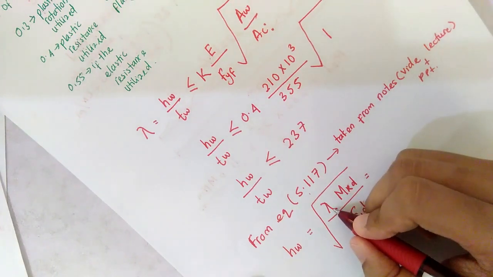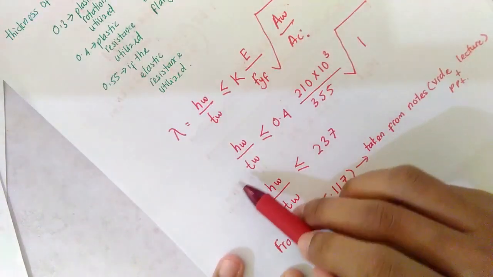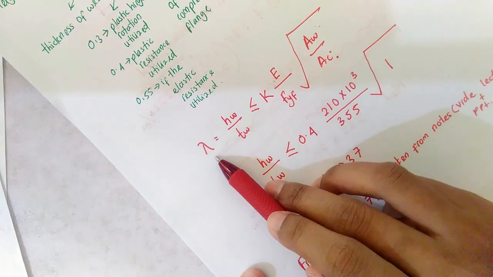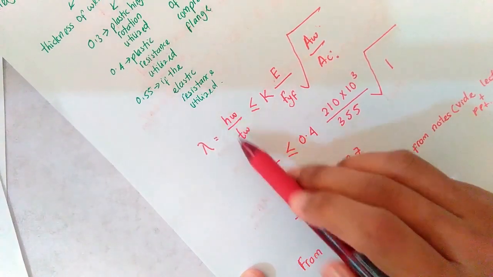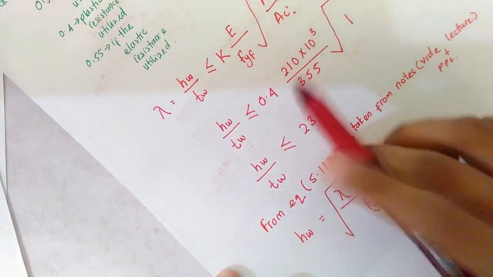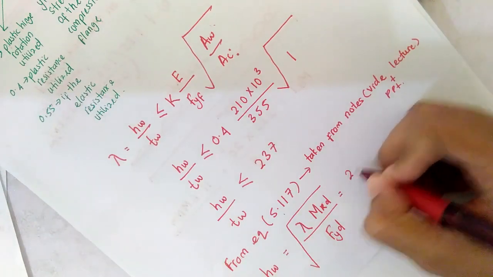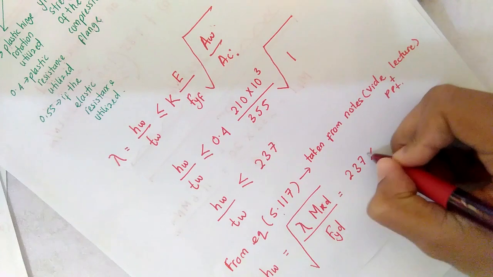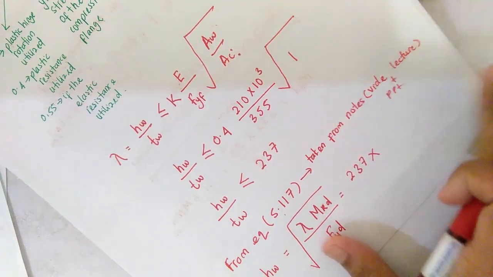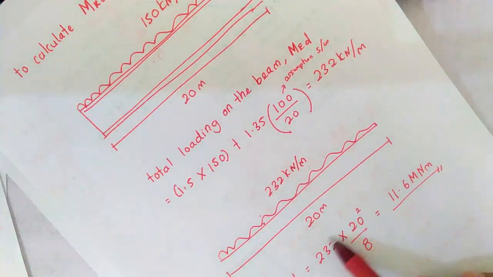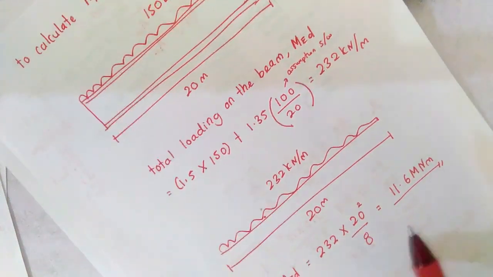Lambda is already calculated, whereby initially we assume lambda is equivalent to HW over TW. Now your lambda is 237, times your MRD, which was calculated previously as 11.6 meganewton meter.